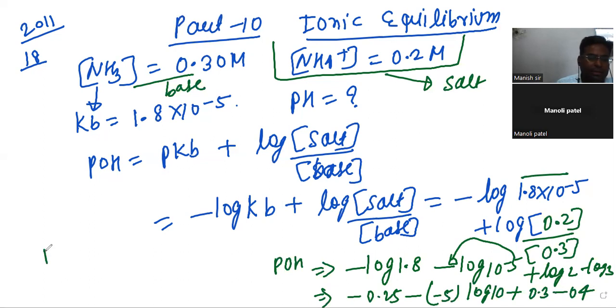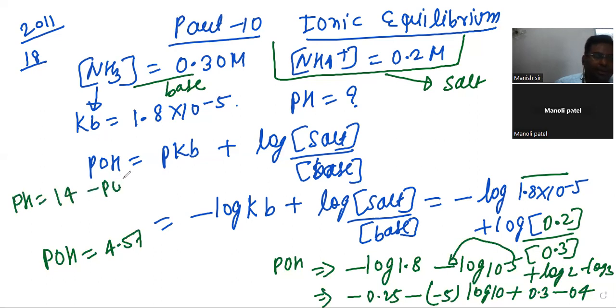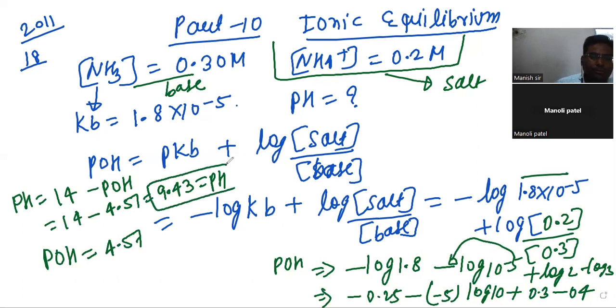After calculation you will get pOH as 4.57. If you want to find the pH value, then you have to subtract the pOH value. So it will be 14 minus pOH, which is 4.57. So the answer will be 9.43. This will be the pH value. So please write it down.